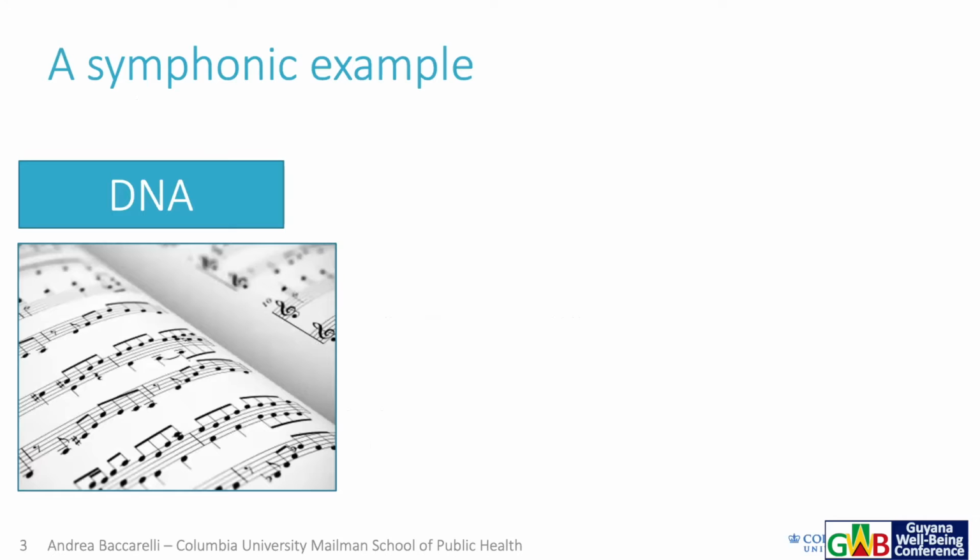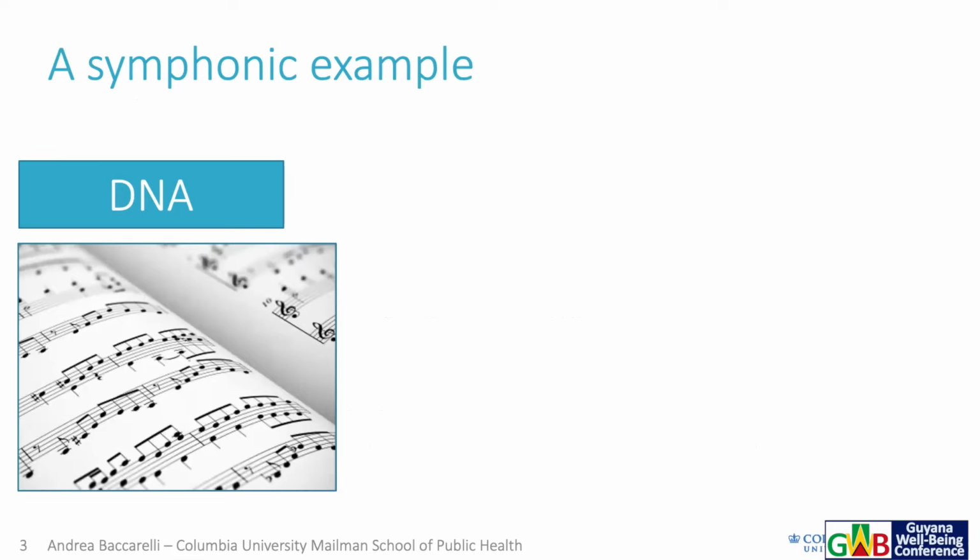So here I would like to specifically give you the same type of definition translated into an example. And this example is a musical example. What you see here on the left-hand side is the DNA.